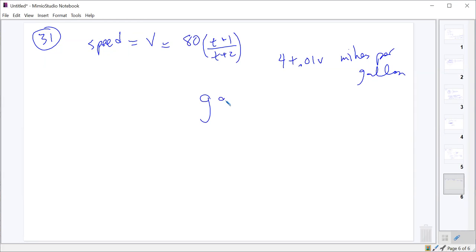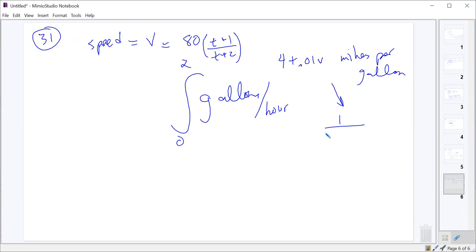Right, so if we have a formula to represent gallons per hour, we should be able to integrate gallons per hour from 0 to 2. Does that conceptually make sense to everybody, what we want to try to do? Hopefully. Okay. So let's turn miles per gallon into gallons per mile.